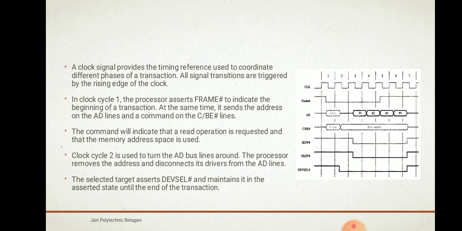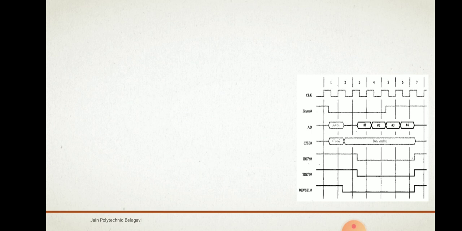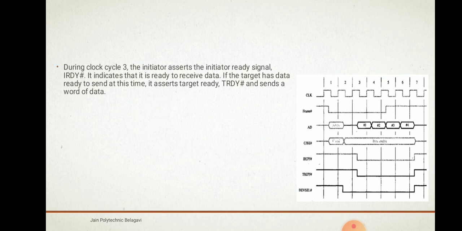Now the selected target asserts DEVSEL, and it maintains it in the asserted state until the end of the transaction. Now during clock cycle 3, as you can see here, on the rising edge, the initiator asserts the initiator ready signal, IRDY.